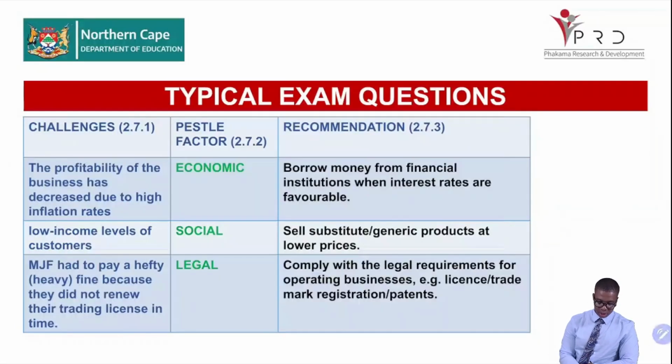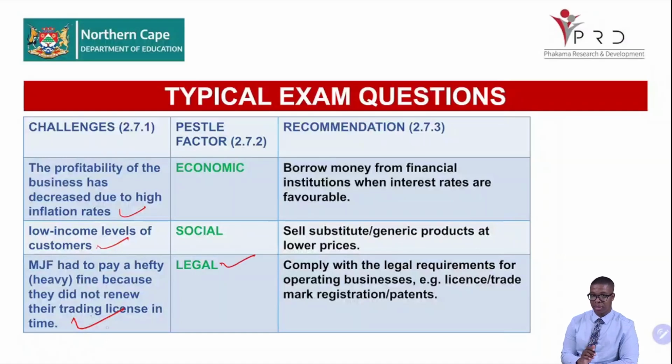Let's check now. Yes, the profitability of the business has decreased due to what? High inflation rate, that's correct. And then low income levels of customers, that's another challenge. And then paying heavy fines because they did not renew their trading license, that's another challenge. Then when you look into the factor that links to the challenge, this is a legal one because you cannot operate a business without a trading license.